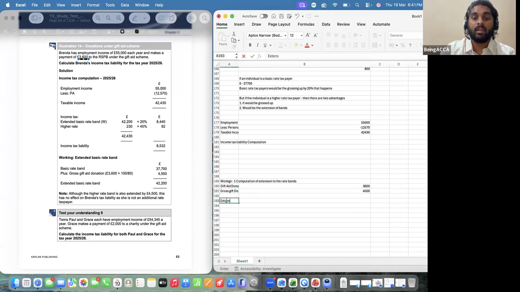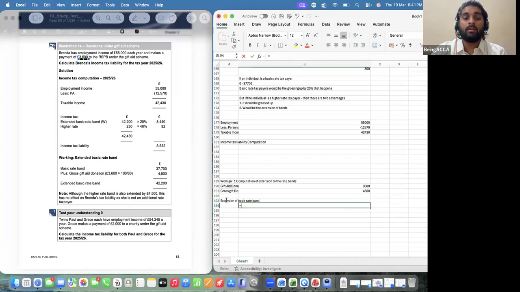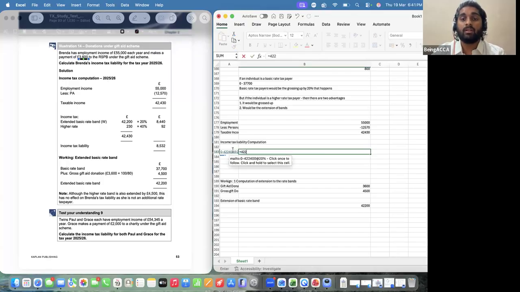Extension of basic rate band would be 37,700 plus 4,500, making it 42,200. So 0 to 42,200 would now be taxed at 20%, equal to 42,200 into 20%.